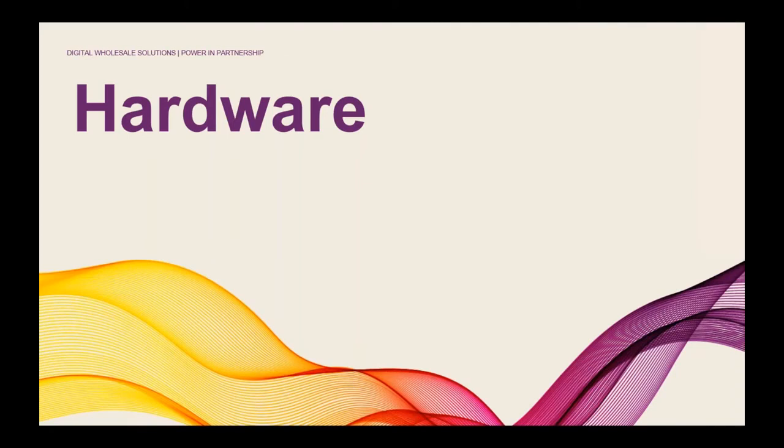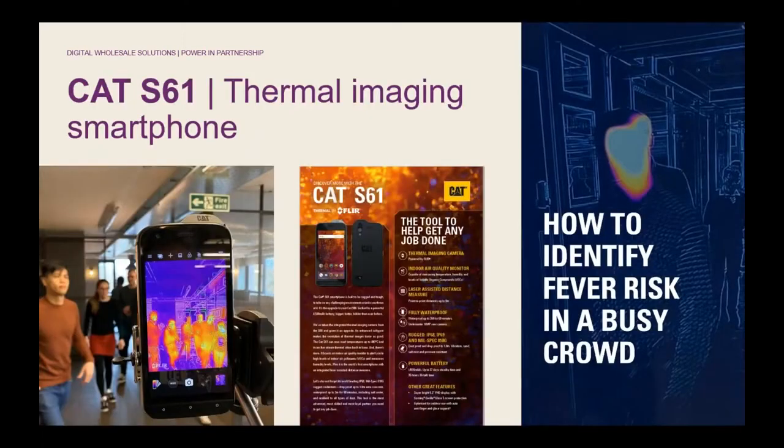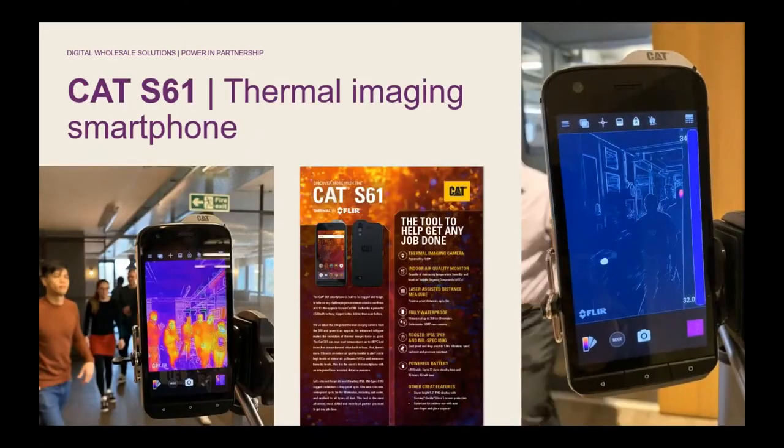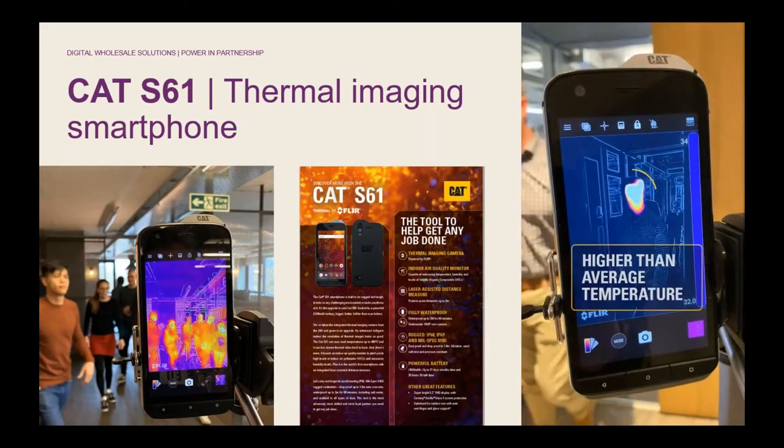I just want to remind everyone about what they delivered, and if it is still of interest, because it generated a lot of inquiry. This was the Cat S61 thermal imaging smartphone.